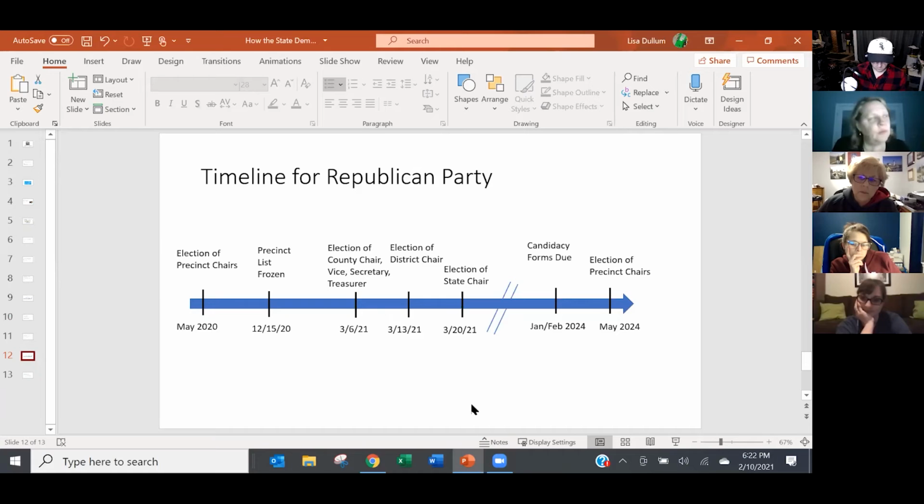transparent. Also, what I don't have a slide for is that I did do some research on getting the precinct list from the Republican Party, and it looks like if you're a bona fide candidate running as a Republican, you can get the list, which is different from what is going on in the Democratic Party.